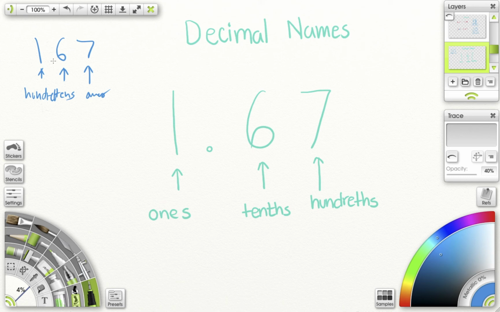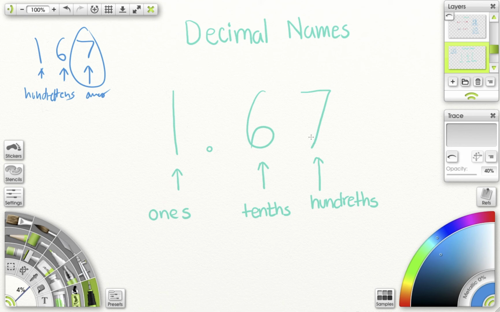The reason being is because when you have your decimal, the number that's to the left of the decimal spot is your ones column, like it is here. What's after this is considered to be part of a 1. So it's not, as you guys remember with fractions, it's not a whole number, it's basically a fraction of a whole number.